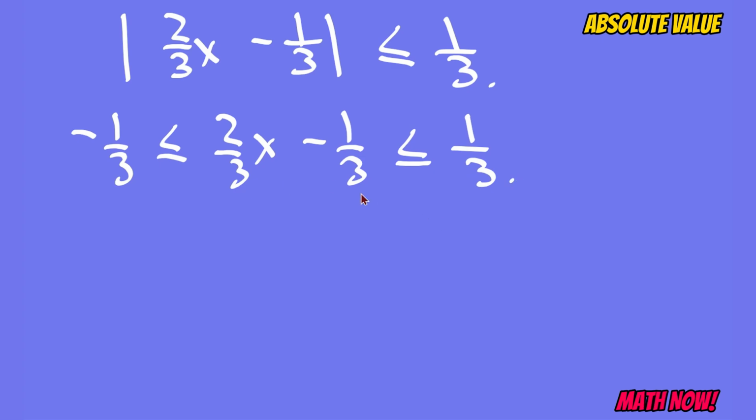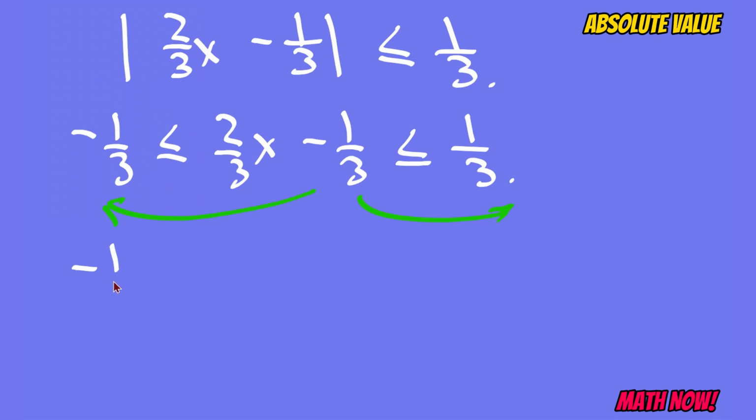And what are we going to do in this case? We're going to move this minus 1/3 to the right side, and this minus 1/3 also to the left side. Just remember that when we move from one side to another, the positive becomes negative, and negative becomes positive. So what is it going to be?